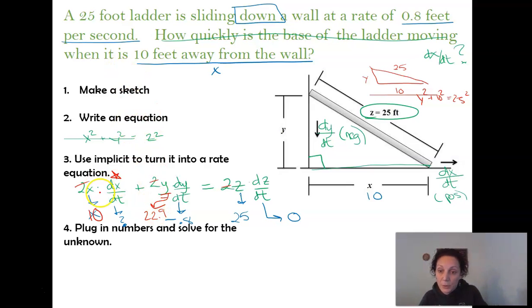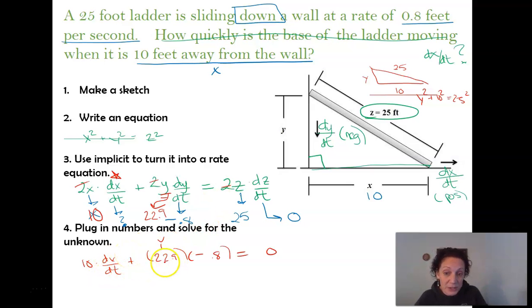So here I go. I have 10 times dx dt plus 22.9, also known as y in my calculator, times negative 0.8, that's key, equals 25 times 0. So this is a pretty easy solve for dx dt, right?